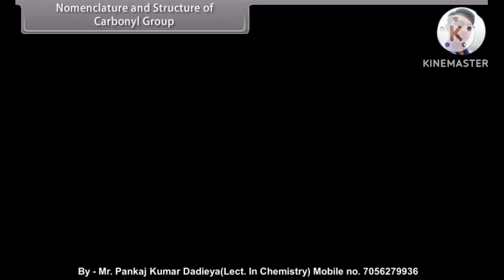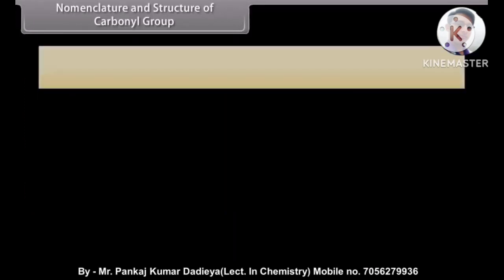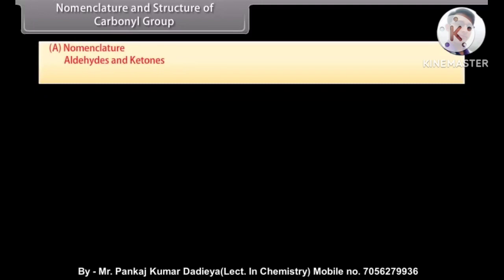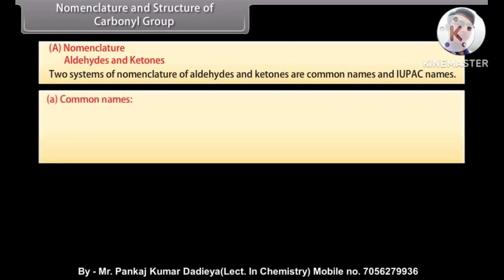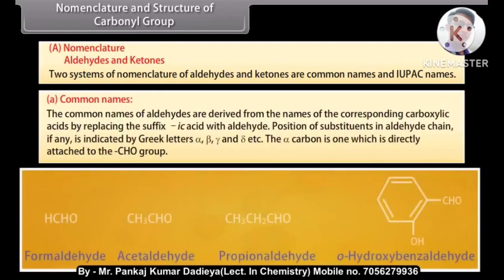Nomenclature and structure of carbonyl group. Nomenclature: aldehydes and ketones. Two systems of nomenclature of aldehydes and ketones are common names and IUPAC names. Common names: the common names of aldehydes are derived from the names of the corresponding carboxylic acids by replacing the suffix -ic acid with aldehyde.